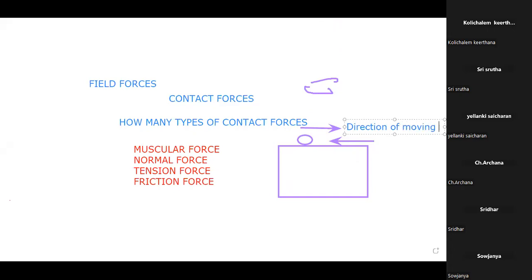We can say simply it is the moving direction of the object. This is giving the moving direction of the object. Simple thing. Now the one below is the friction direction.